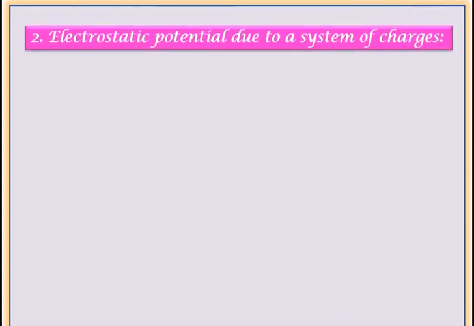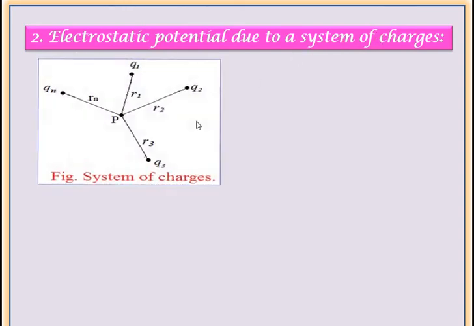Let us see the second point, that is, the electrostatic potential due to a system of charges. Let us see the diagram for a system of charges in the figure.